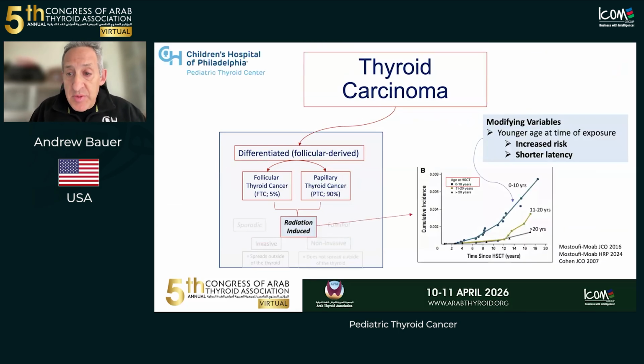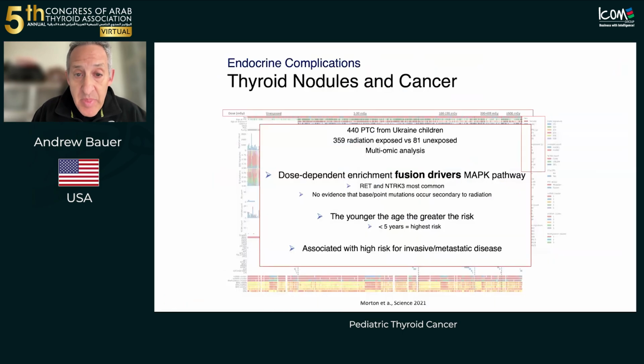For radiation-induced, which we will not spend a lot of time on today, we've known about the modifying variables. The most frequent were the dose of radiation besides the field of radiation. And then younger age seemed to be associated with an increased risk for thyroid nodule and differentiated thyroid carcinoma development, as well as shorter latency to develop PTC.